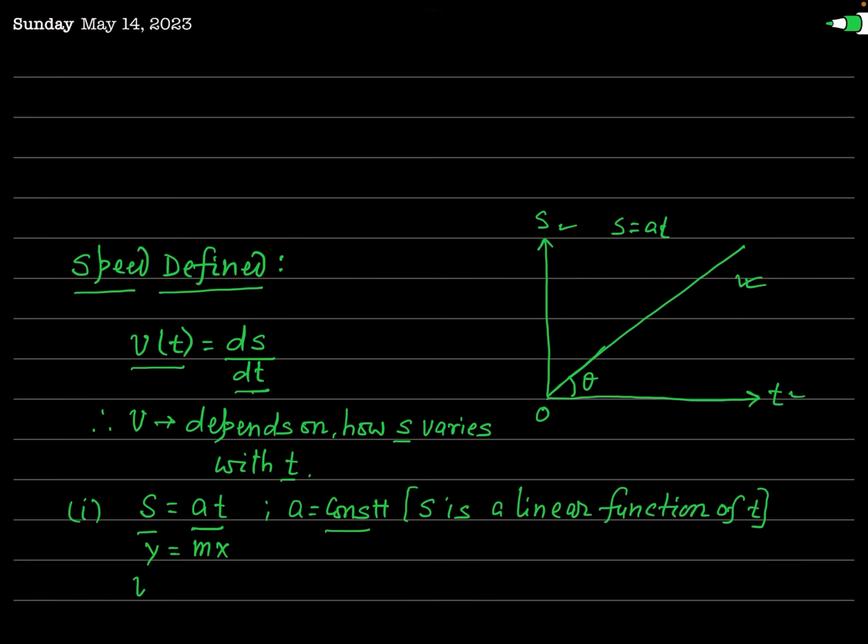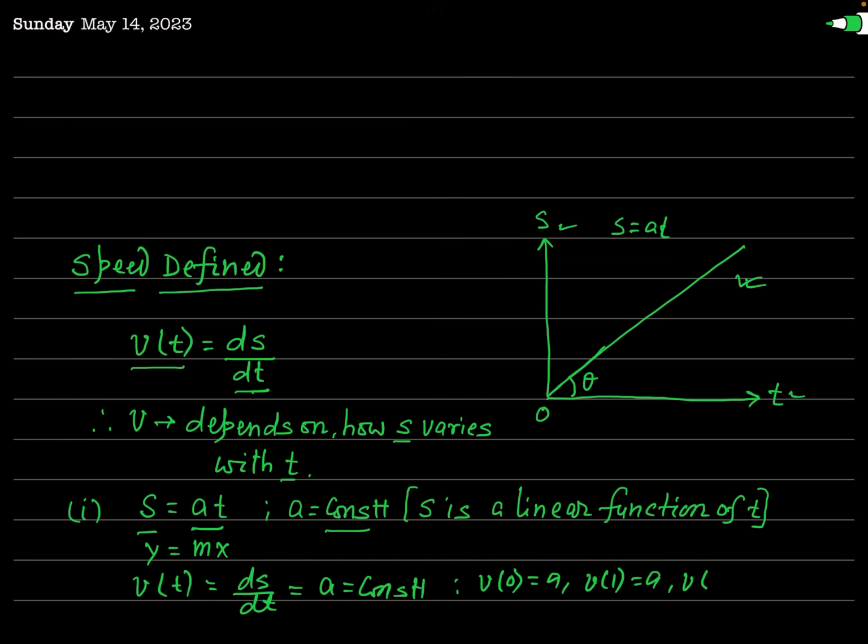And if you try to find the speed of this particle at any time t, what will that be? That will be ds by dt, and from calculus you know this will simply be equal to a, which is constant. What does it mean? It means the speed at 0 time will be a. Speed at 1 second will also be a.